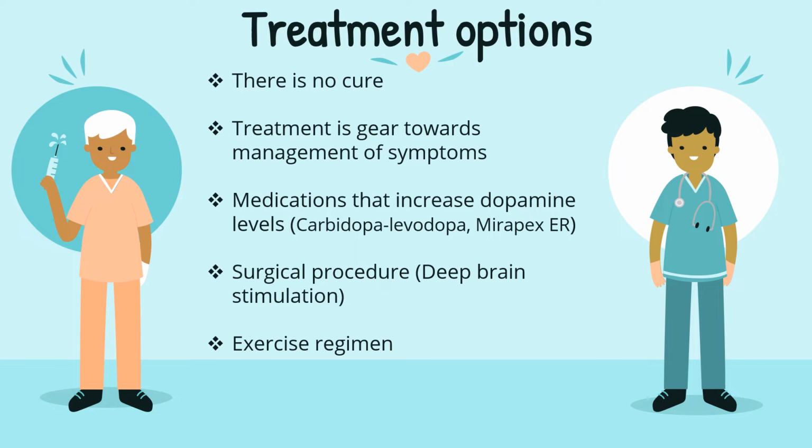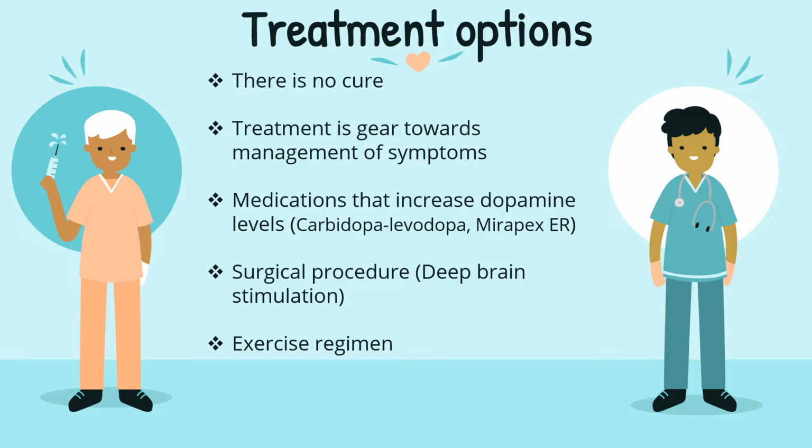There are also surgical treatments, and this is more geared towards people in the late stages of Parkinson's. So surgical treatments include deep brain stimulation. I think they actually put an electrode in some part of the brain, and then there is a battery that goes in the chest that stimulates the part of the brain responsible for movements and coordination.